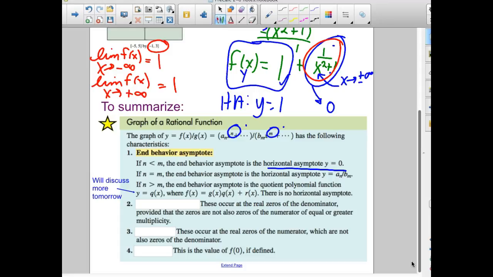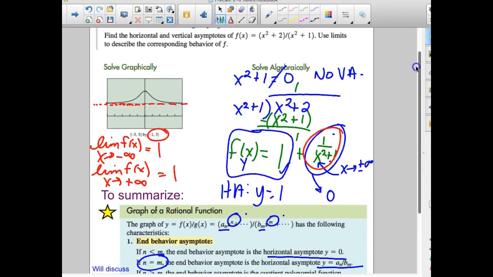That's like those first few graphs we did where it was just a constant number on top and then we had something like x minus 2 on the bottom. We didn't move our graph up or down at all. We just approached 0. What if our degrees are the same? It says use this. What's a sub n and b sub m? Those are our leading coefficients here.